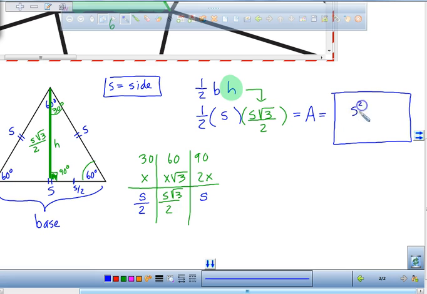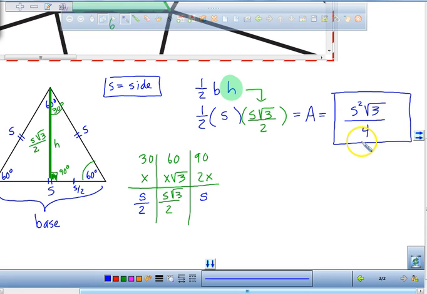S squared. All right, so what's the numerator? 1 times an S times another S, which gives me an S squared. What else do we have? We have a radical 3. And what's this all over? What's 2 times 2? That's going to give me a 4. So there's your shortcut: S squared, radical 3, over 4.